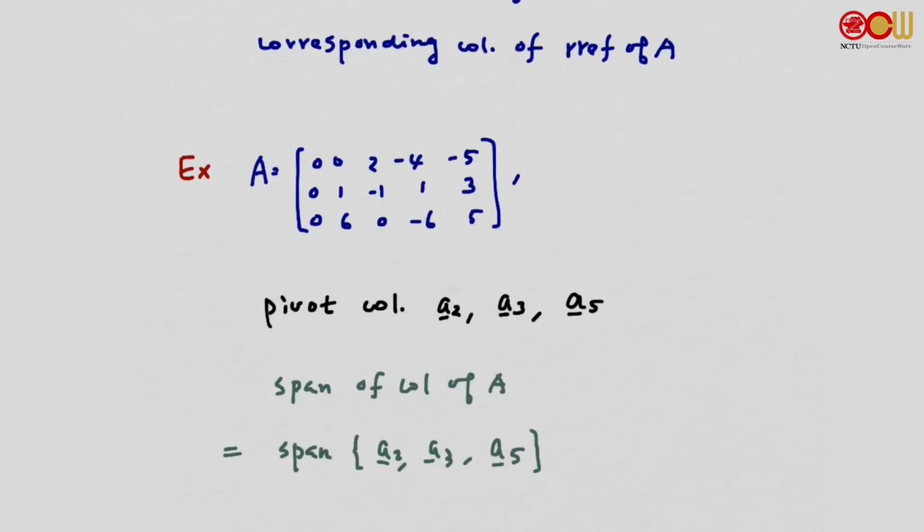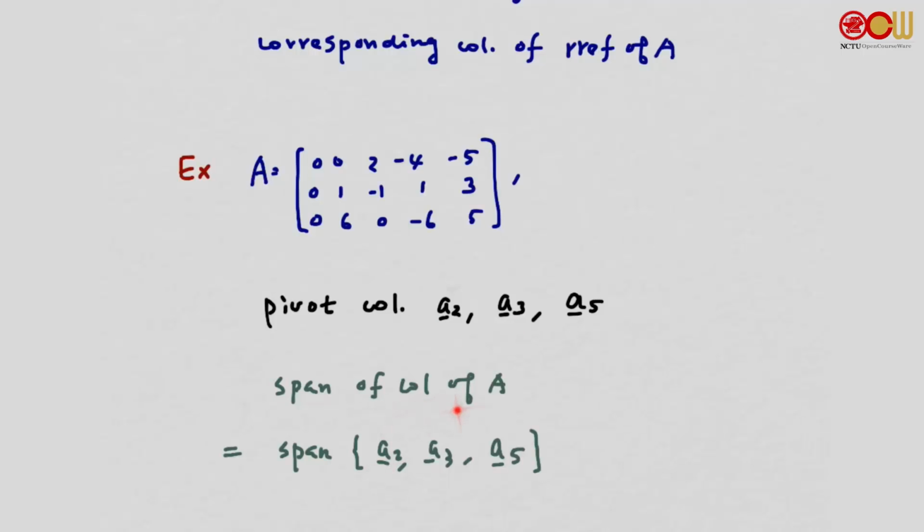In this example, the same as we had earlier, the pivot columns of A are A2, A3, and A5. And if we consider the span of columns of A, we now know that A1 and A4 are linear combinations of other columns. If we remove A1 and A4 from the set, we would still have the same span.